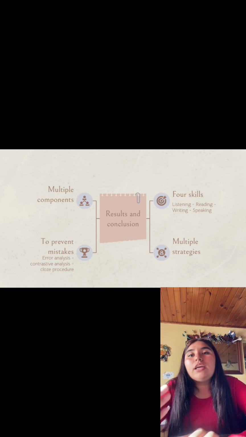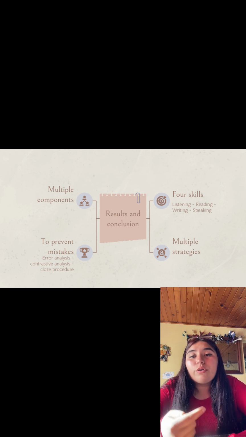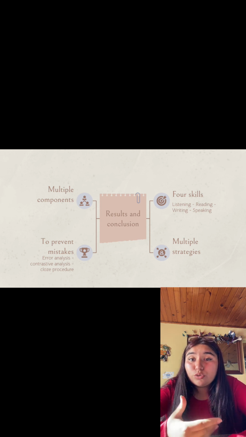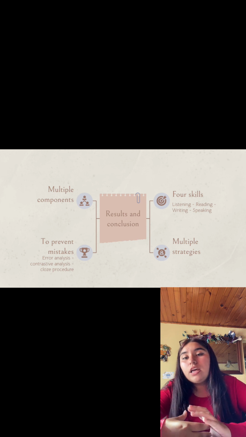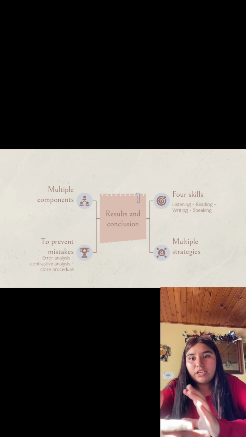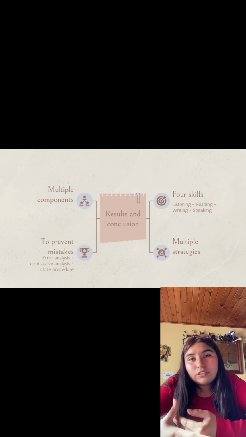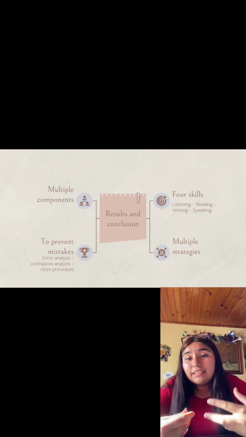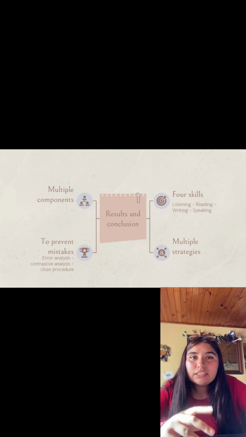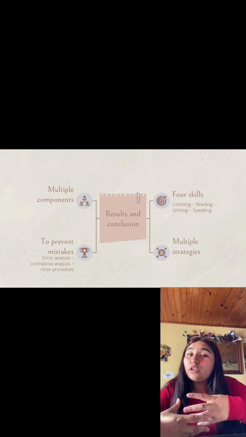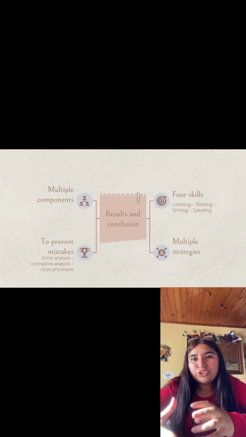Inside of these skills, we find components that are used to accomplish the correct development of the skills, as are the grammar and phonetics. Another factor to consider is the necessity to prevent mistakes using error analysis, contrastive analysis, and close procedure.